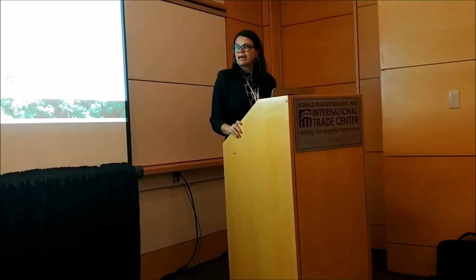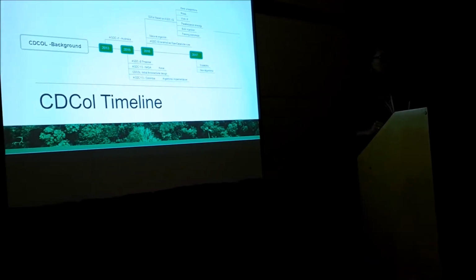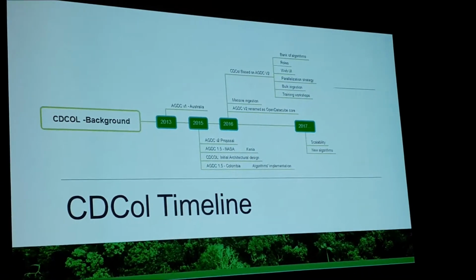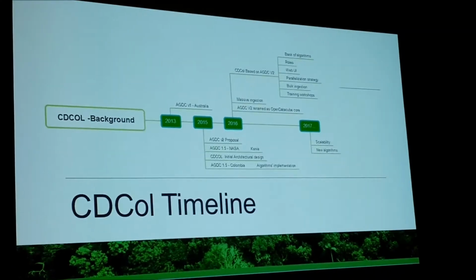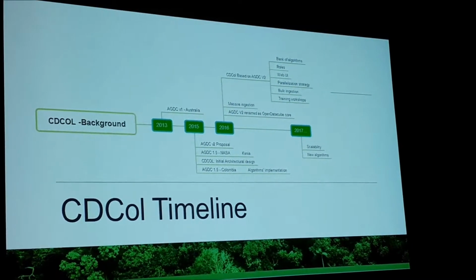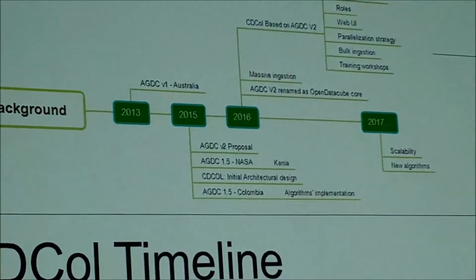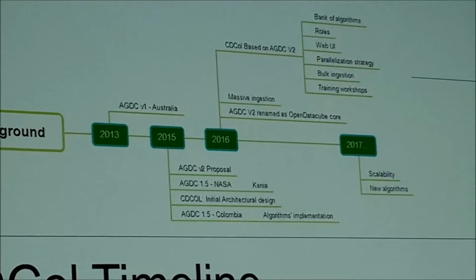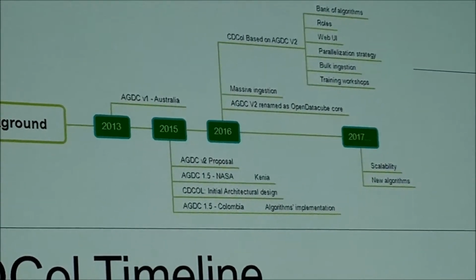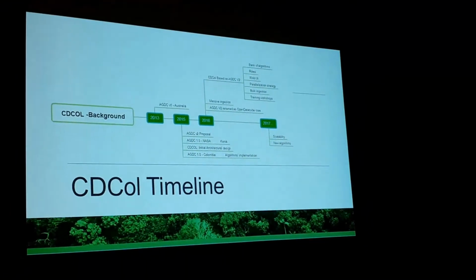Well, I would like to talk about a little background of our experience with the Open Data Cube. We started with a pilot in 2015. We used version 1 of the Australian Data Cube. In this year, we ingested around 1,500 images for a small area for 15 years, and we implemented a couple of algorithms.